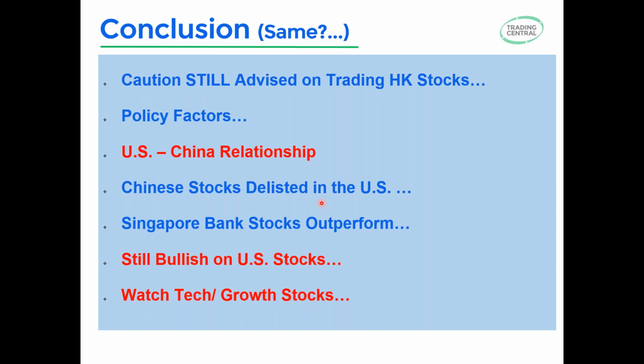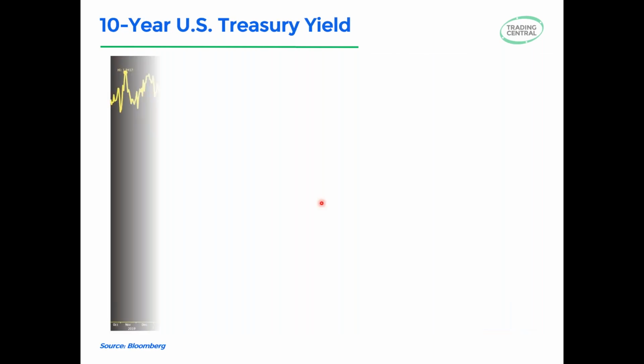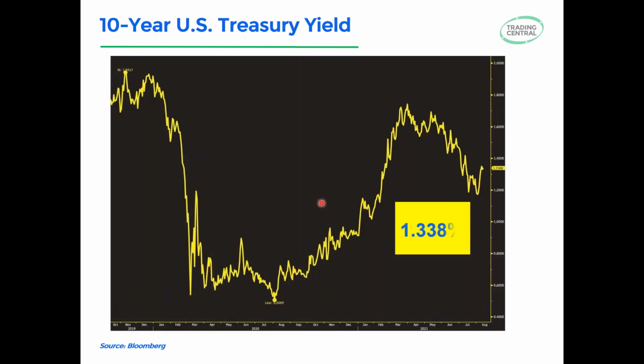And one area I advise you to have a look at is tech and growth stocks. Why? Sorry for my being such a long guest. I give you the last chart and then I will open up the Q&A. My last chart is this one: the US 10-year Treasury yield. At the start of the year we were seeing 1.7, 1.8, and people said, come on, it will surely go to 2%.